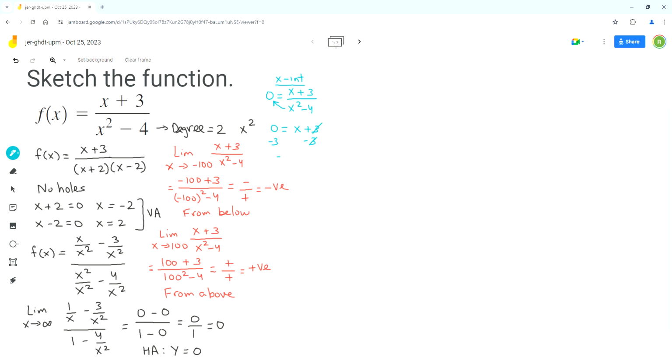So we get x equals negative 3. So the x-intercept is negative 3, 0. Now we can find the y-intercept, and for that we should sub in x as 0 in the given function.